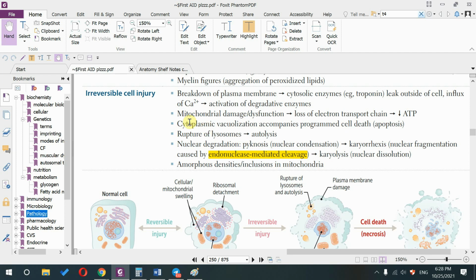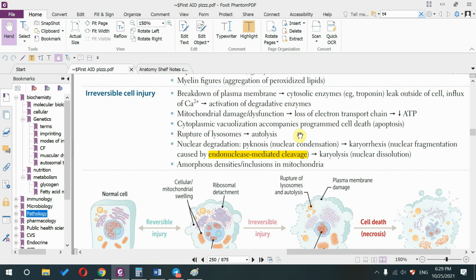The second thing you have to know is the cytoplasmic vacuolation, which combines programmed cell death. As we said yesterday, there are two types of death, apoptosis and necrosis. Sometimes the cell dies not because of an external stress that forced it to die, but it just decided to die.